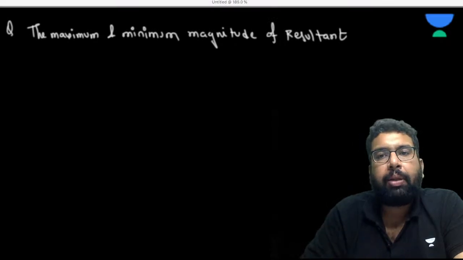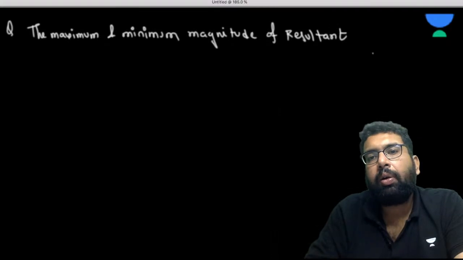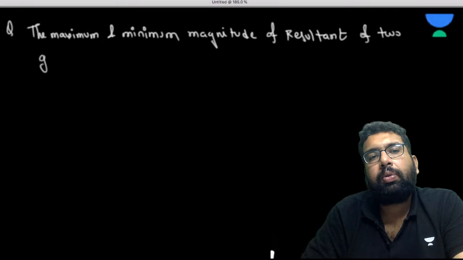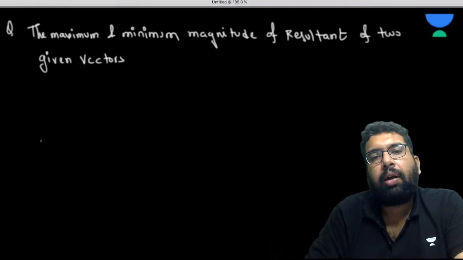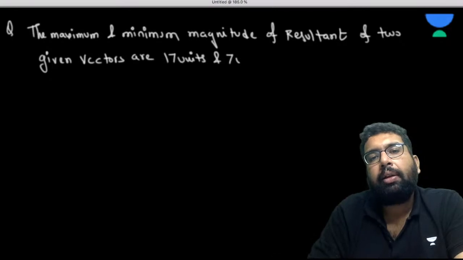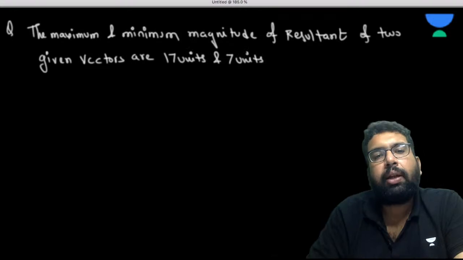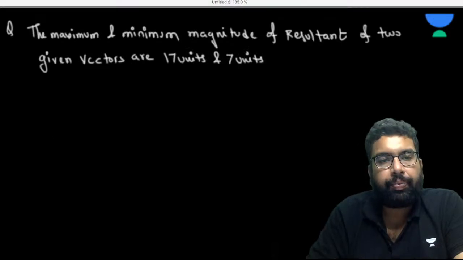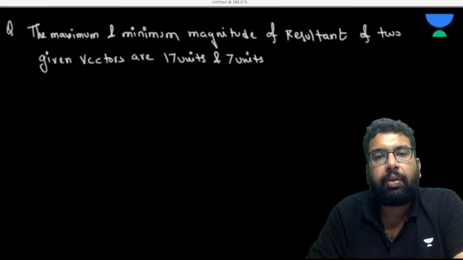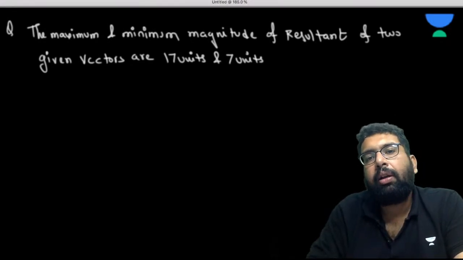The maximum and minimum magnitude of the resultant of two given vectors are 17 units and 7 units respectively.